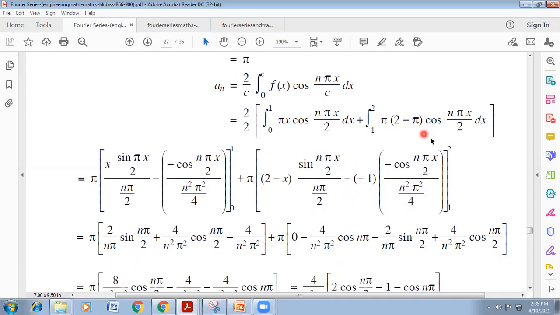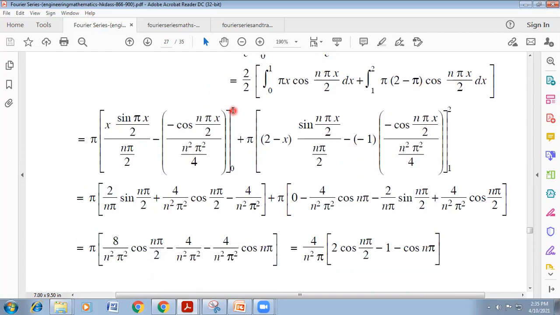After the UV process, we get these two terms for each integral. Now putting the upper limit x equals 1, we get this one and this one. Minus minus will be plus, and this will be the inverse, 4 by n squared pi squared, and this will be 2 by n pi.